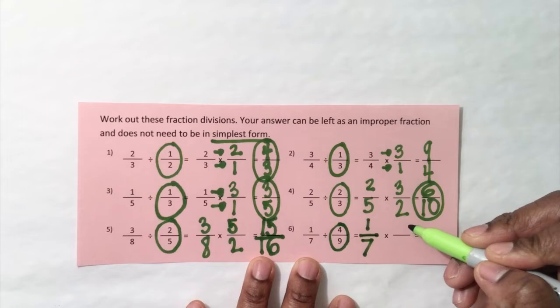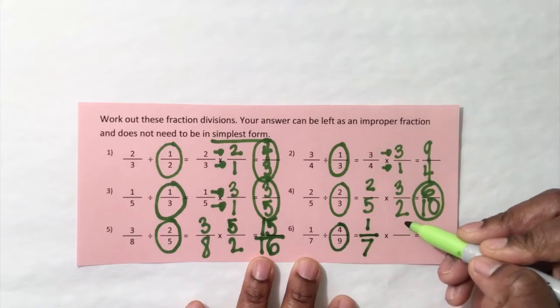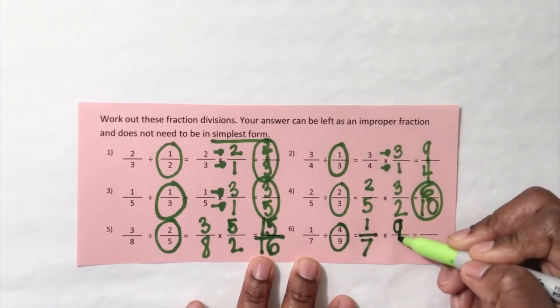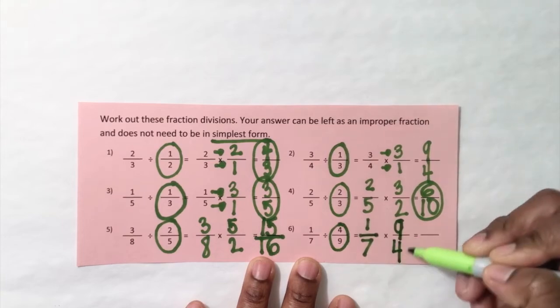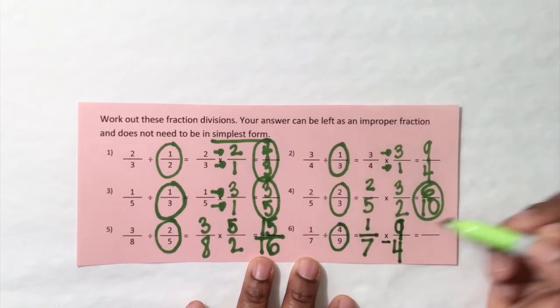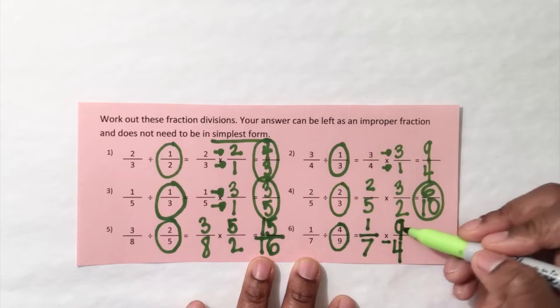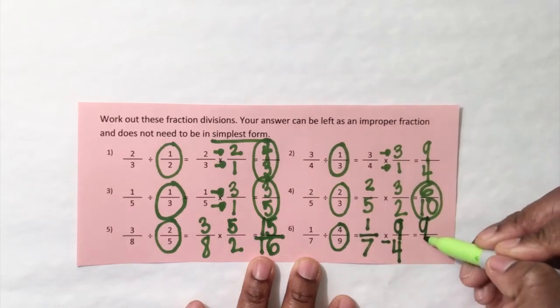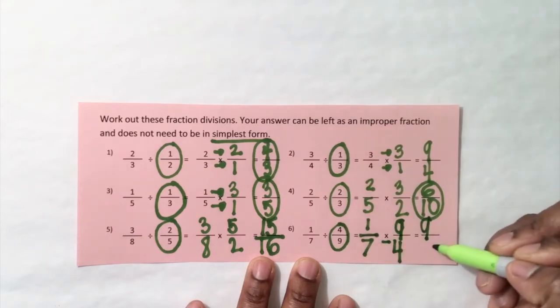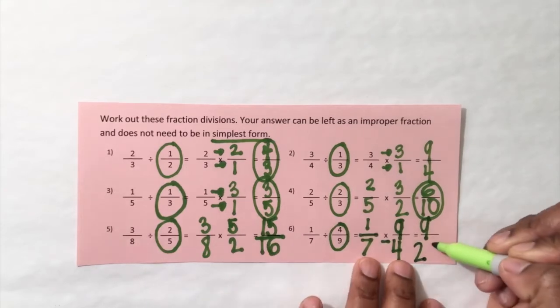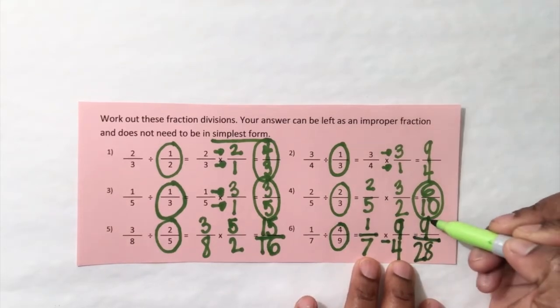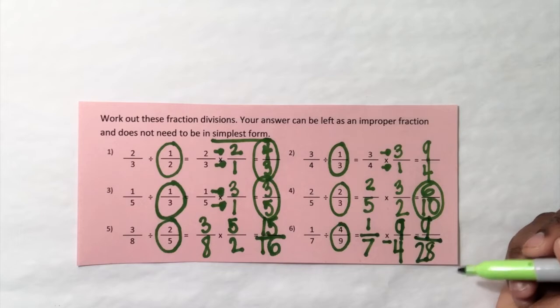Good. The reciprocal of 4/9 is 9/4. Now let's apply multiplication. 1 times 9 is 9. 7 times 4 is 28. So our final answer is 9/28.